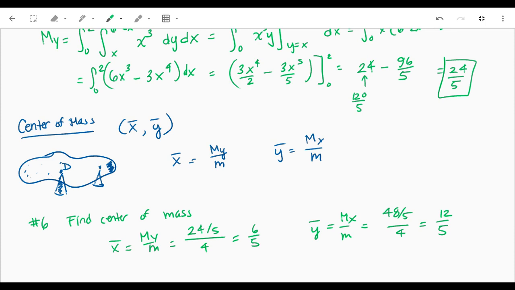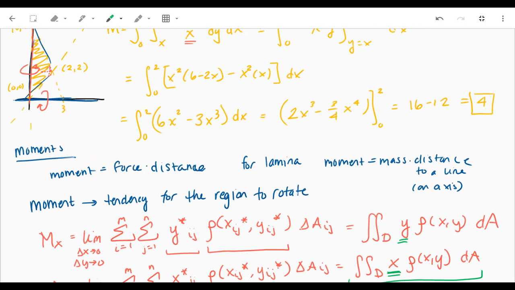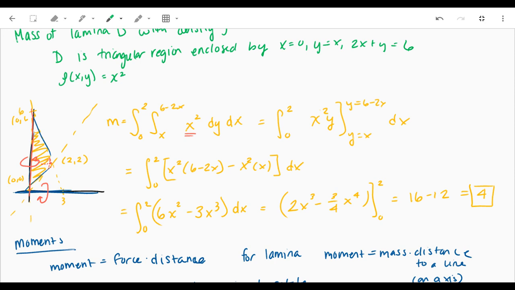Okay, so if I go back up there, this is at 2 and 1. So your x bar was 6/5, so x bar would be about right here. Trying to get about 6/5. Okay, and y bar is 12/5. So that would be a little bit over 2.